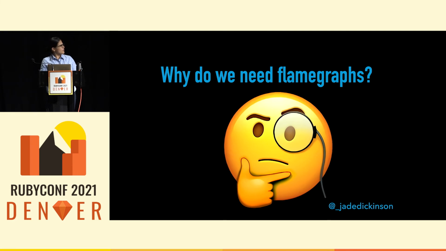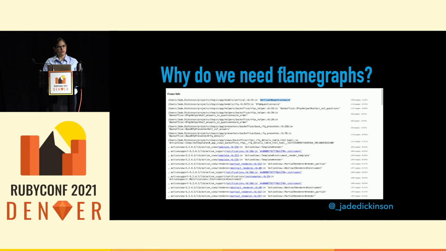So why do we need flame graphs? To explain why, I'm going to show you an example of just one of those stack traces. You've seen this one before. If you take a look at this, there's just lines and lines of code. This is for one point in time only.